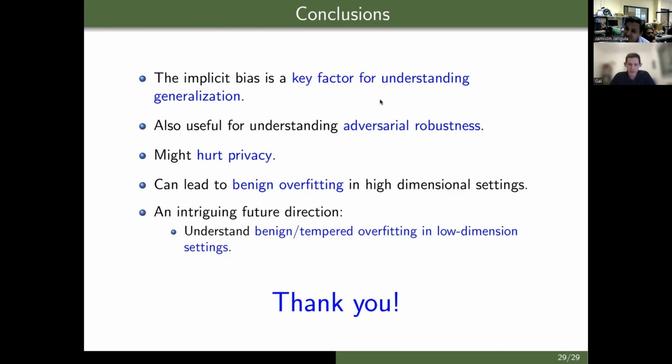I think it might be interesting to extend it both to deeper networks, but also to other architectures, for example transformer architectures and attention mechanisms, which are very common today in practice, but the implicit bias of these architectures is not well understood yet. I think it can be very interesting to try to extend these results to these architectures.